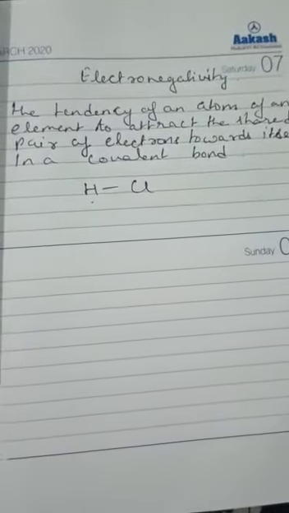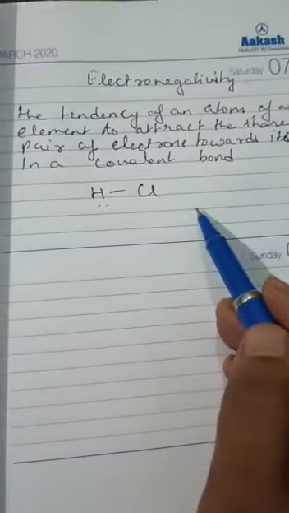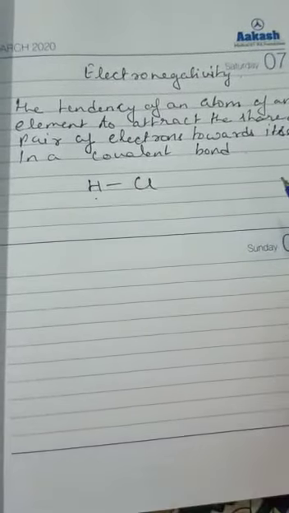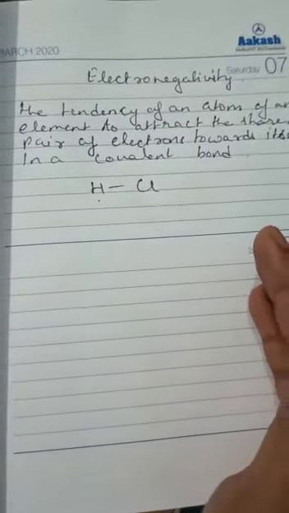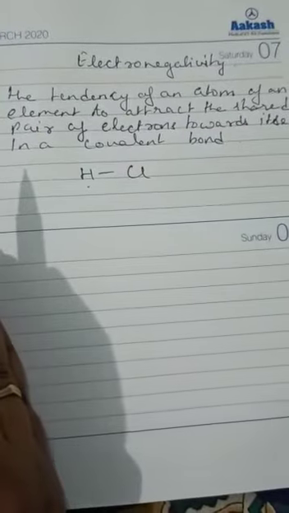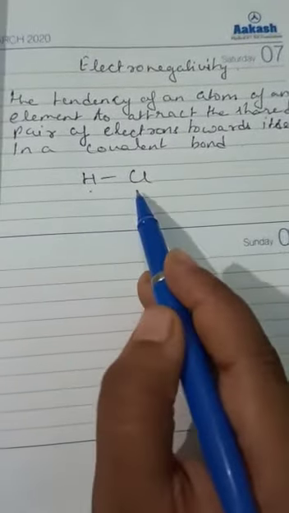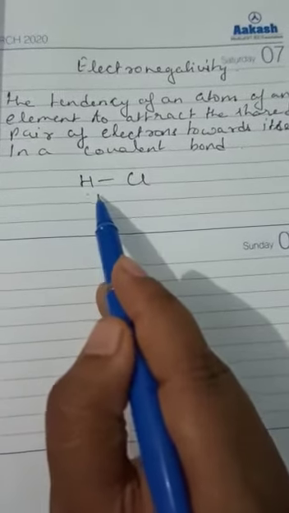You know it very well that chlorine is present on the extreme right side of the periodic table and hydrogen is present on the left side, which shows that there will be more nuclear charge on chlorine as compared to hydrogen.